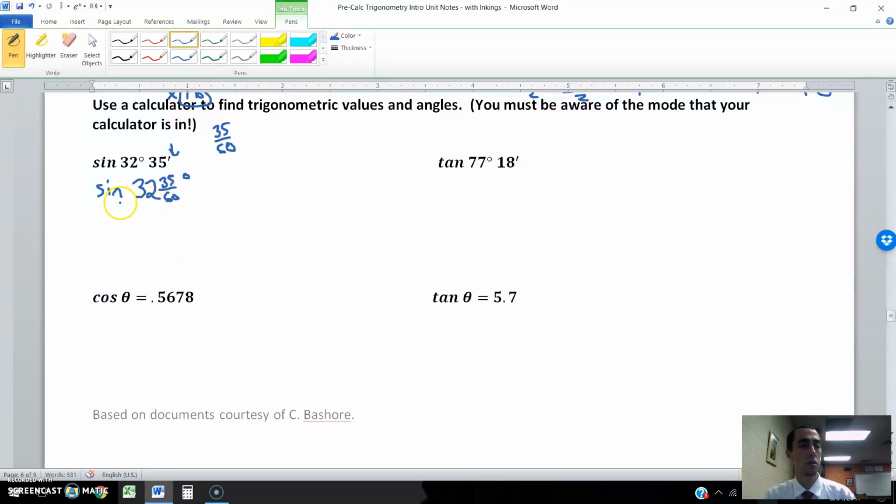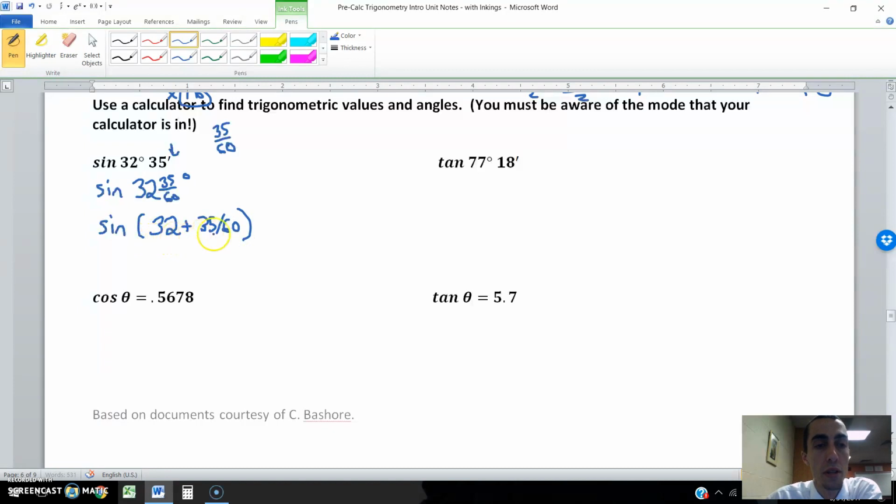Now how do we enter that in your calculator? We can do it in more than one way. One of the ways is this. Press the sine button, and then it's going to pop up that parentheses after the word sine. The sine of 32 plus 35 60ths.